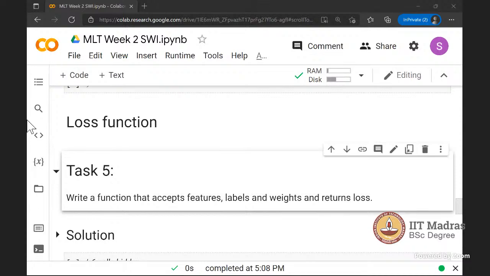Sir, do we need to find the square error with respect to y is equal to mx plus c, or the general one? Right now you are writing a function, but you don't have a specific value of predictions as of now. The sum of squared error or mean squared error, both are fine.